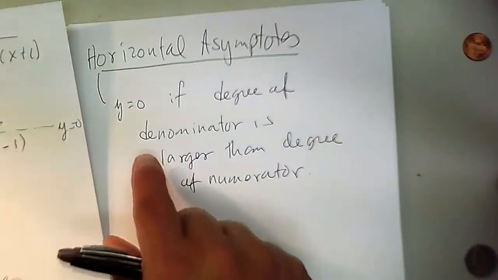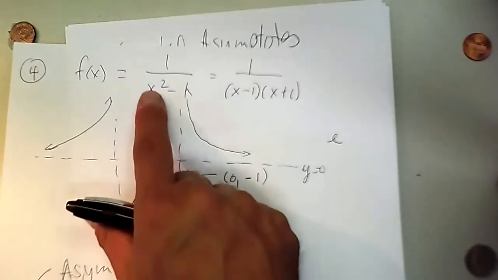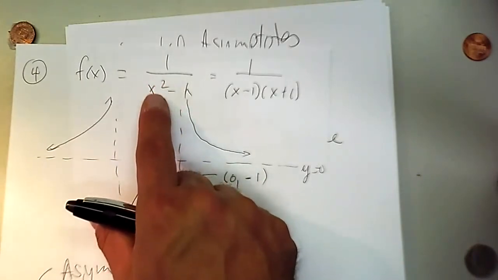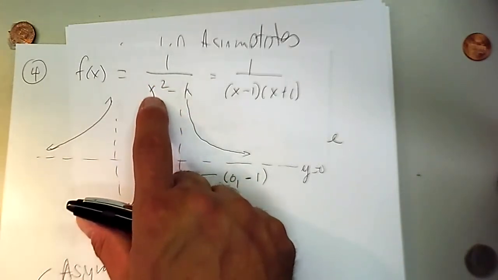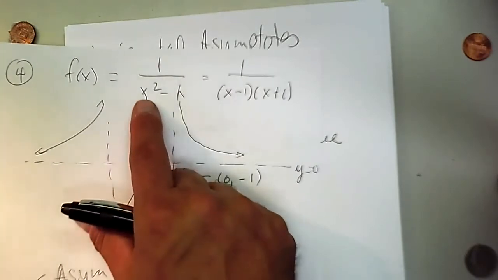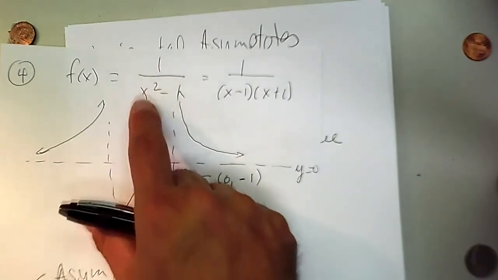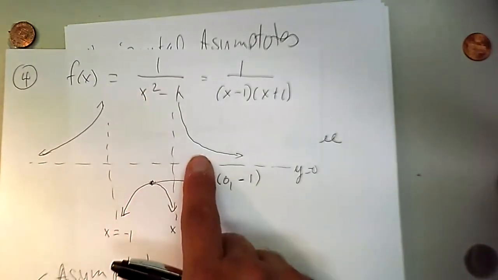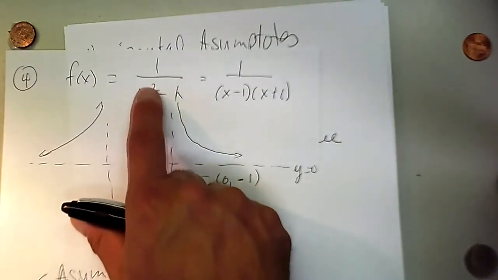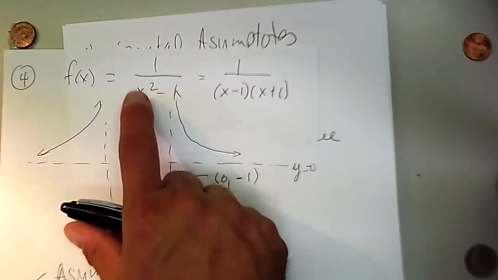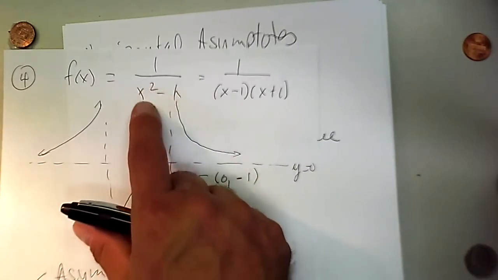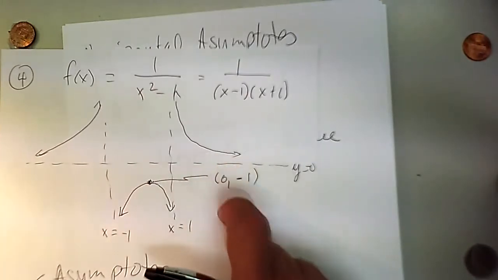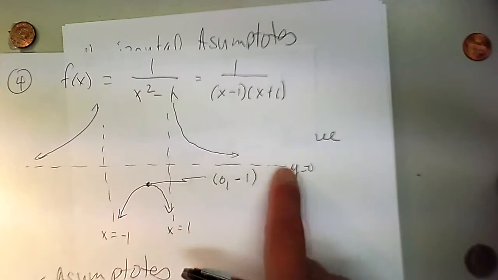The reason is because these numbers are going to get very, very large eventually. If you plug in 10 for x, which is not that far out, we're going to end up with a denominator of 99 because 10 squared is 100 minus 1 is 99. 1 over 99 is going to be very tiny out here. And so that's why we have a horizontal asymptote.